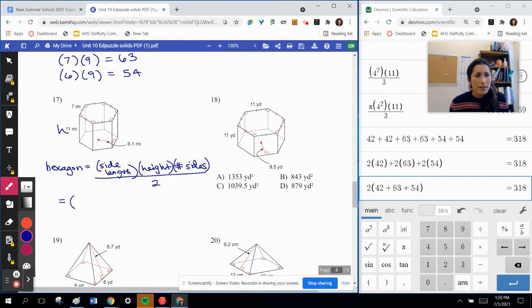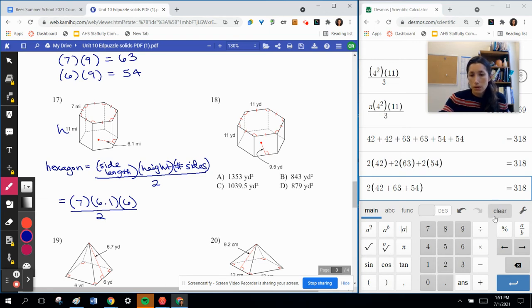Okay, so let's find the area of the hexagon. The side length would be 7s. All of these are going to be 7s. We know they're all equal. The height would be this 6.1 here, or the apothem. The number of sides, it's a hexagon, so there are 6 sides divided by 2.